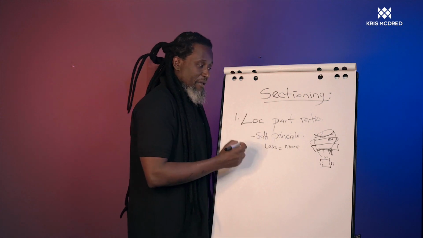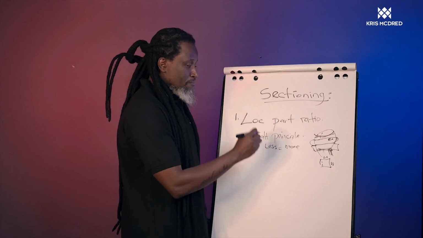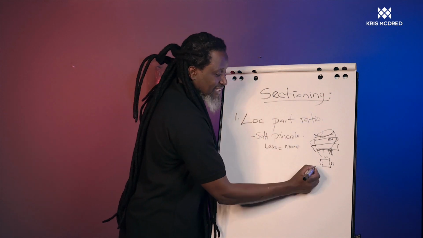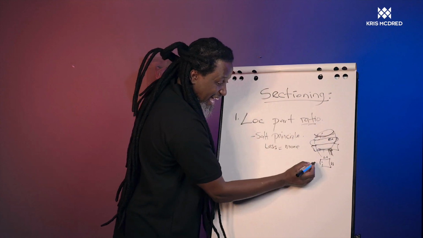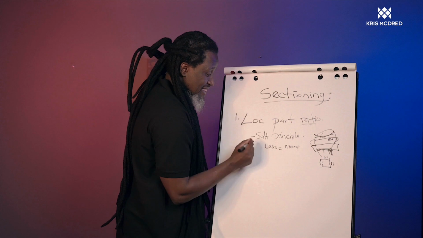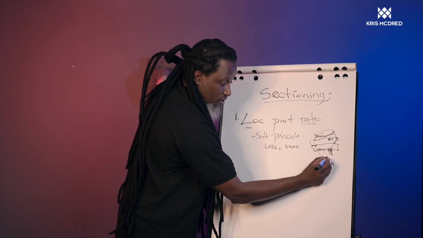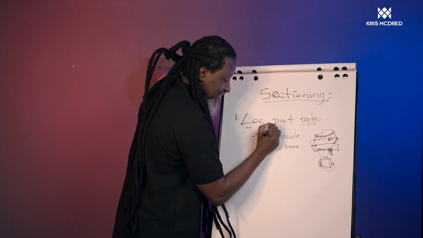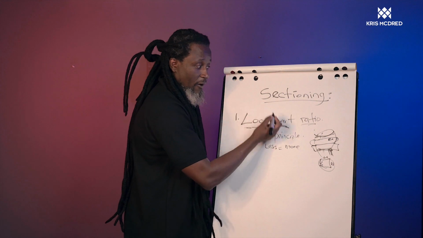You will hear a lot of people talk about loc part ratio. Loc part ratio means the size of part, which is the ratio. Ratio means size. The size of part that makes up the loc. That's the definition of loc part ratio.